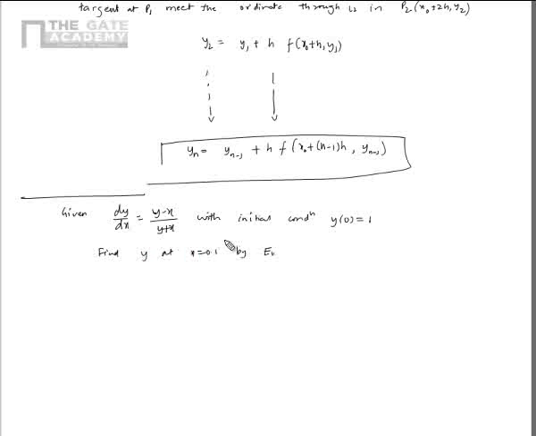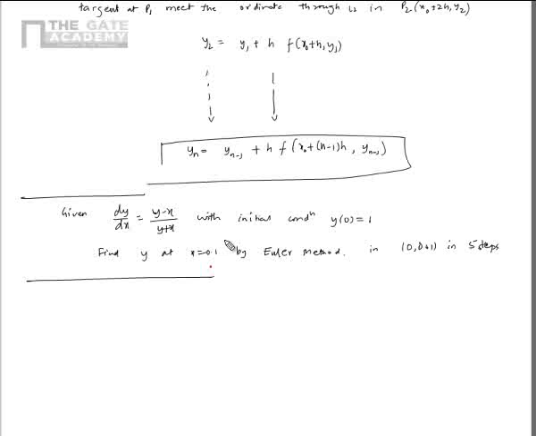So you know y at x equal to 0. The step division is left to us; you can divide into 10 points if you want more.